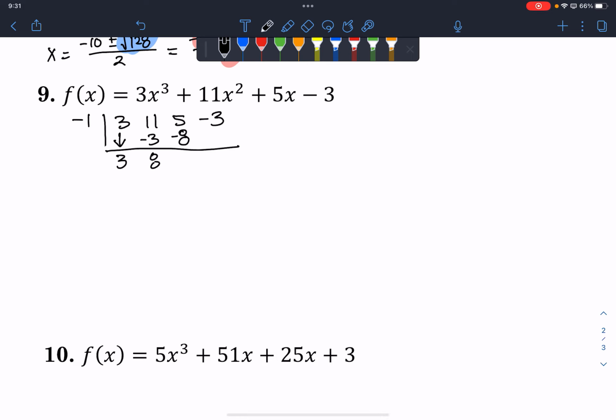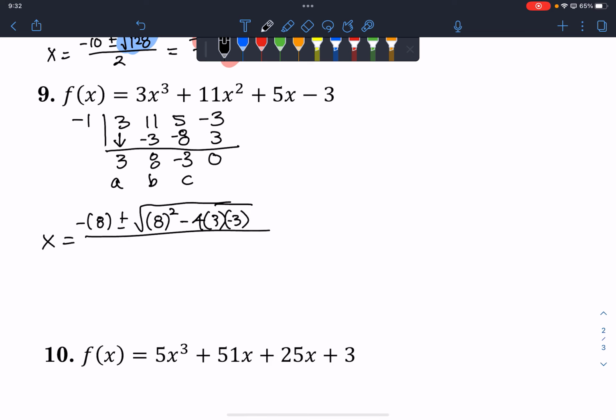Negative 8, this is negative 3, and then negative 3 times negative 1 is 3, and this adds up to 0. So using A, B, and C in our quadratic formula, we end up with negative of positive 8 plus or minus the square root again of that positive 8 squared minus 4 times A times C divided by 2 times the value of A.